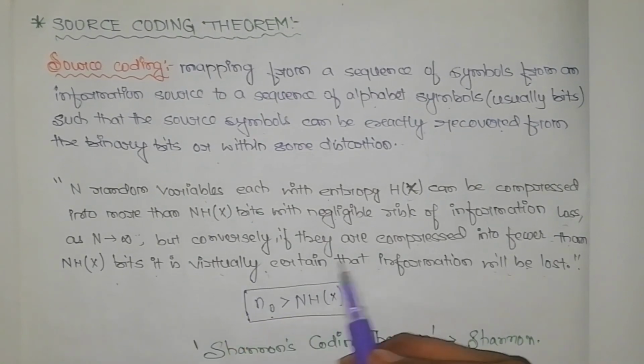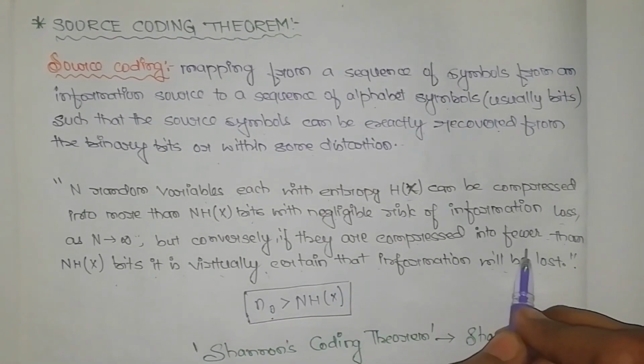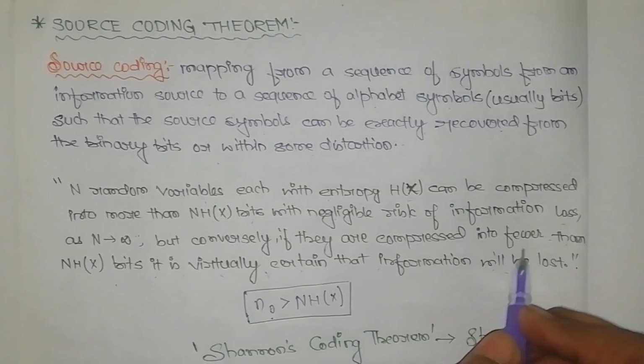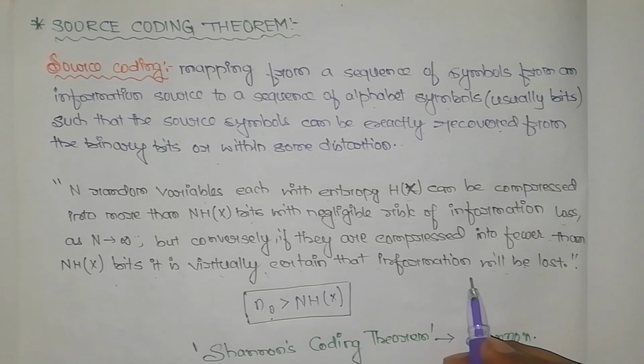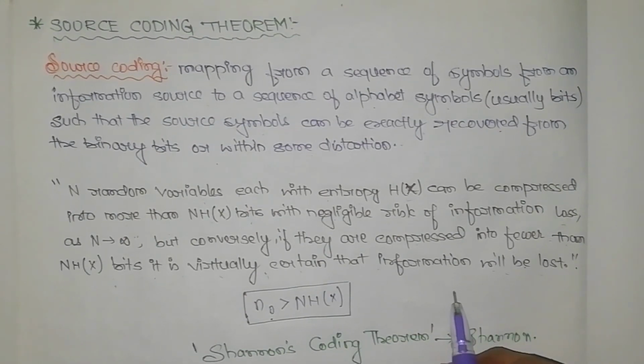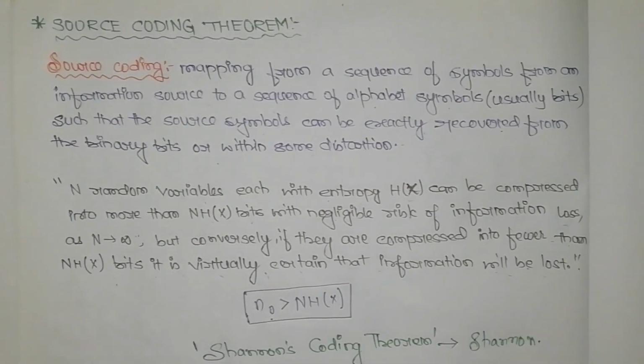But if they are compressed at a rate which is lower than n H bits, there is a chance of information loss. So if we need the information to be distortionless, we have to compress at a rate greater than n H, or else the information will be lost or distorted.